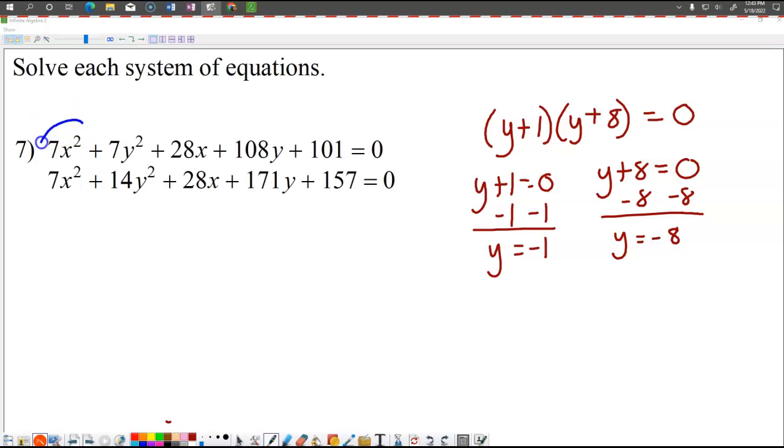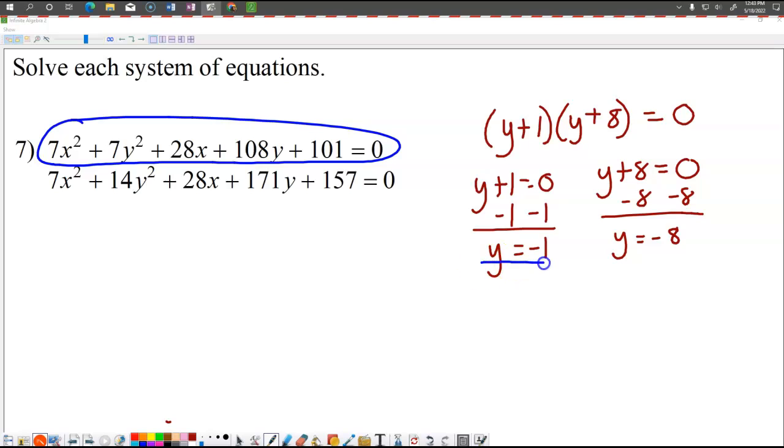So I'm just going to use this equation, and I'm going to start by plugging in y equals negative 1. So I'll show my work over here on the left because I know I'm going to need some space for this. So if I were to plug in negative 1 for y, I just need to simplify this now.